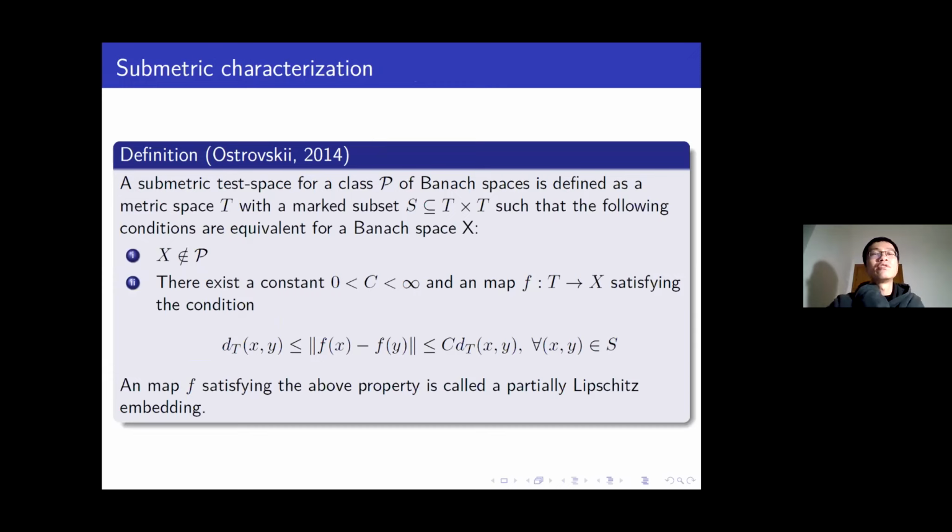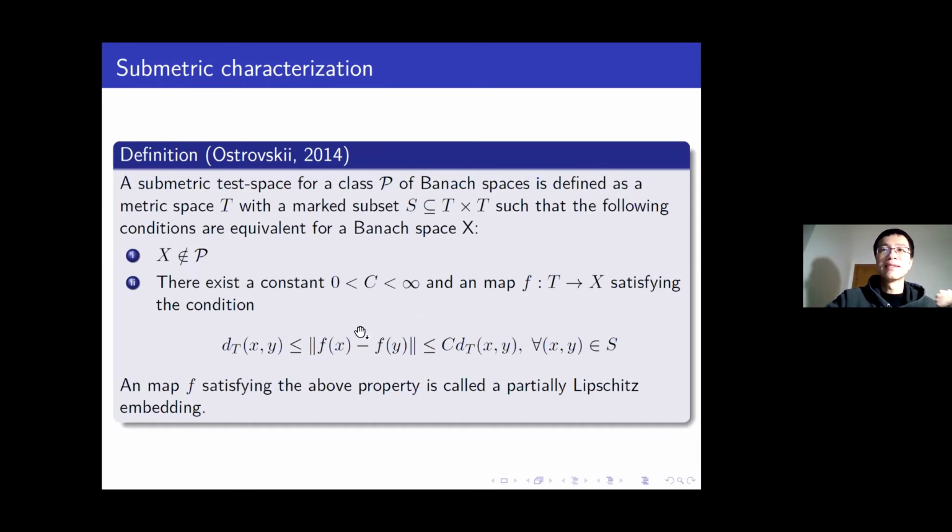So let me recall the definition. We say a metric space T is a submetric test space for a class P of Banach spaces if the following two items are equivalent. First, a Banach space X doesn't lie in this class P.